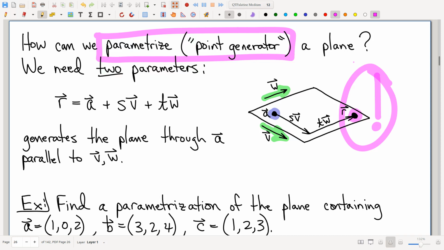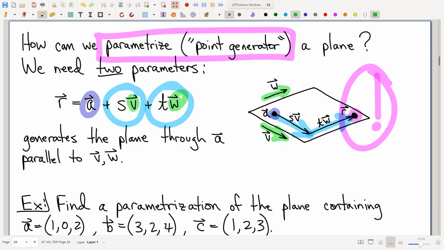And the big idea is that, well, if you start at the given point in the plane, you're going to need to go somewhat in the direction of the first vector v, followed by somewhat in the direction of the second vector w. In other words, you're going to have to add scalar multiples of those two direction vectors v and w.